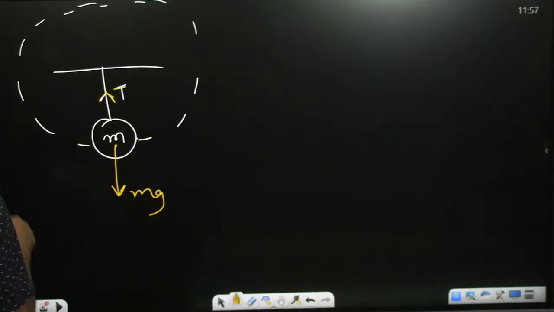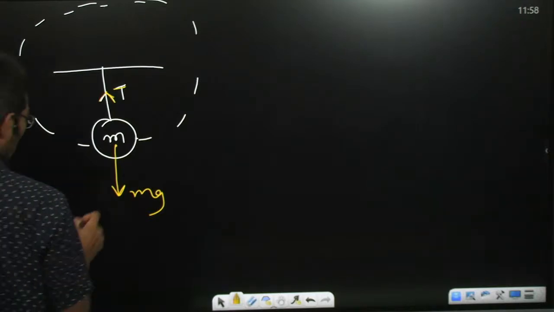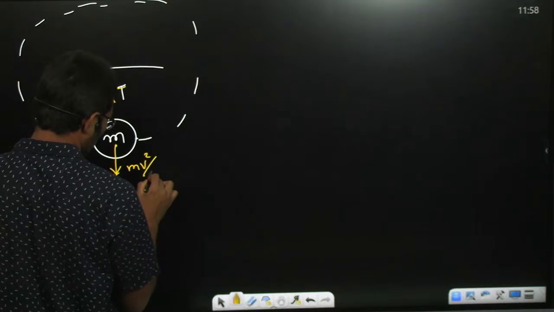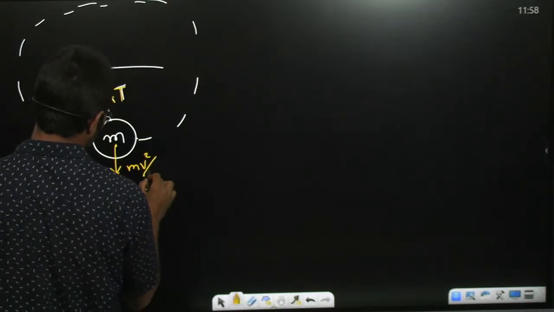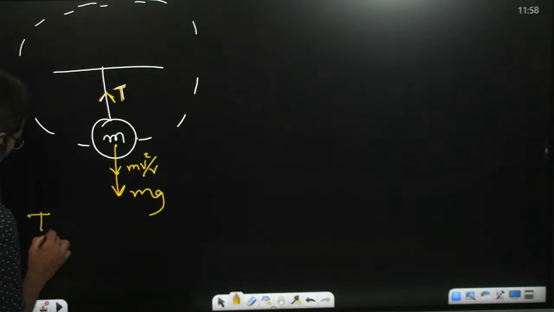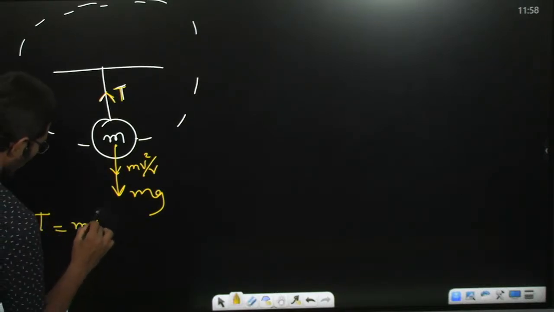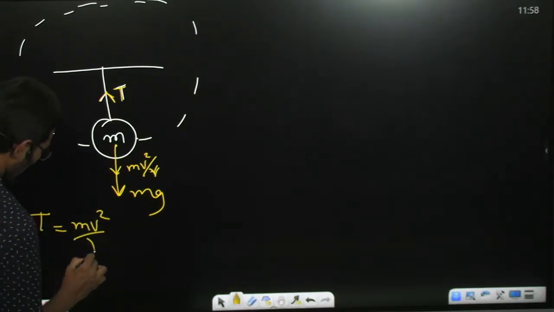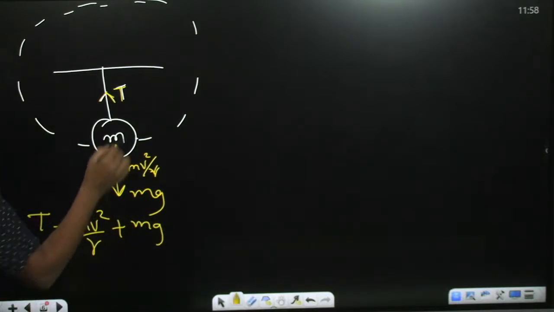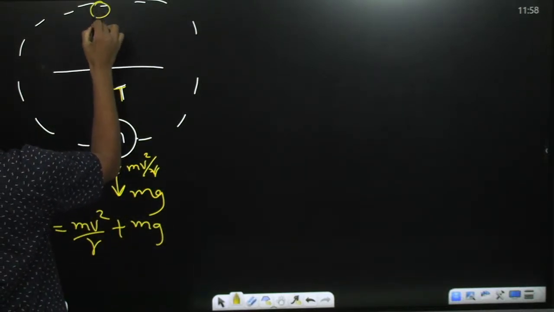As it is moving in a circular path, we have mv square by r. So the tension at the bottommost point is T equal to mv square by r plus mg, right?